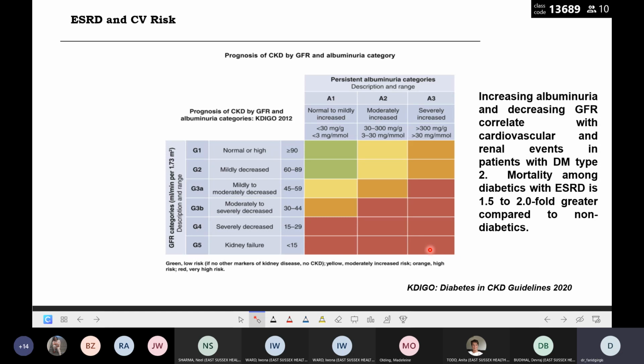This carries a very high mortality. So if we have a diabetic patient with end-stage renal disease and heavy albuminuria, this makes the mortality 1.5 to 2-fold greater compared to non-diabetics. So this is very important because it carries cardiovascular mortality.